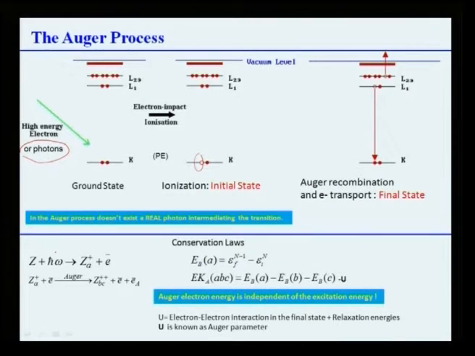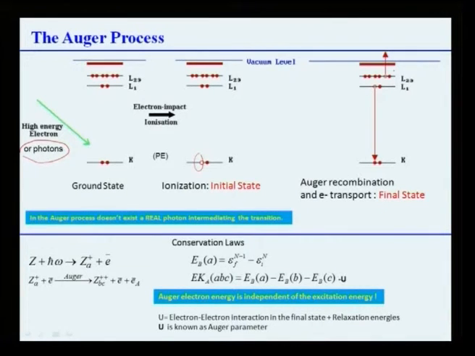Z is the atomic number of the material, suppose h omega is the energy of the electron, ZA plus electron level, and it produces the Auger electron: it will be ZBC plus electron A. That is the Auger electron.